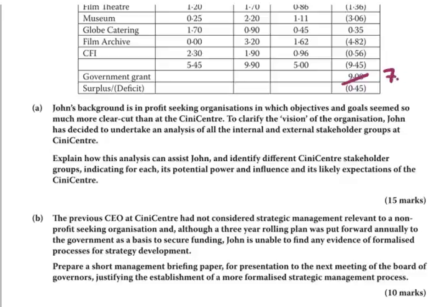It will go down to 7.2, and this will increase the deficit to 2.25. This puts considerable strain on the management of CiniCentre. They'll have to make some hard choices. Some stakeholders will be really irritated and disappointed. And this is why some sort of stakeholder analysis using Mendelow's matrix will be very useful to John to sort out, to come to the best compromise solution.